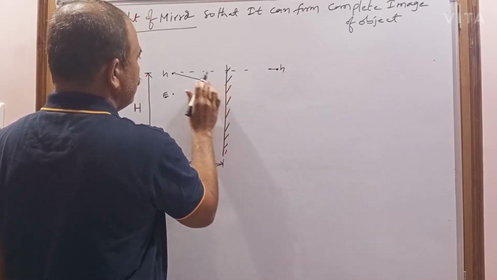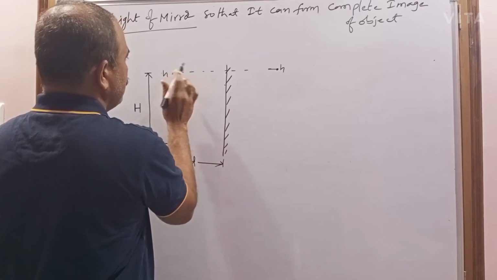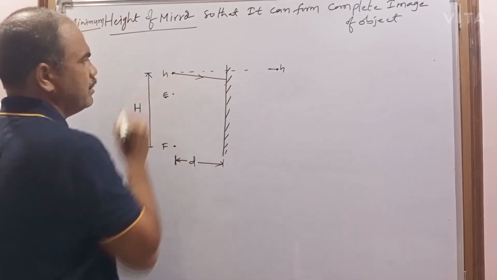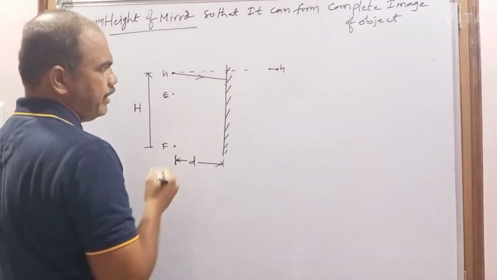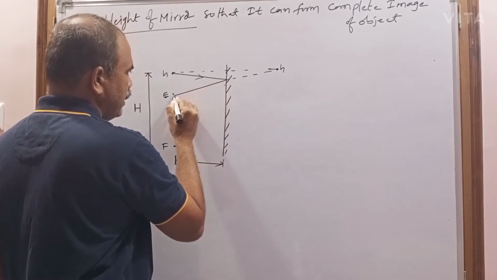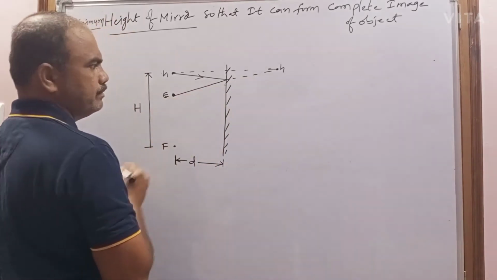So now this is an incident ray coming from the head of the person. After incidence on the mirror, it appears to be coming from the head image and reaches the eye of the person.